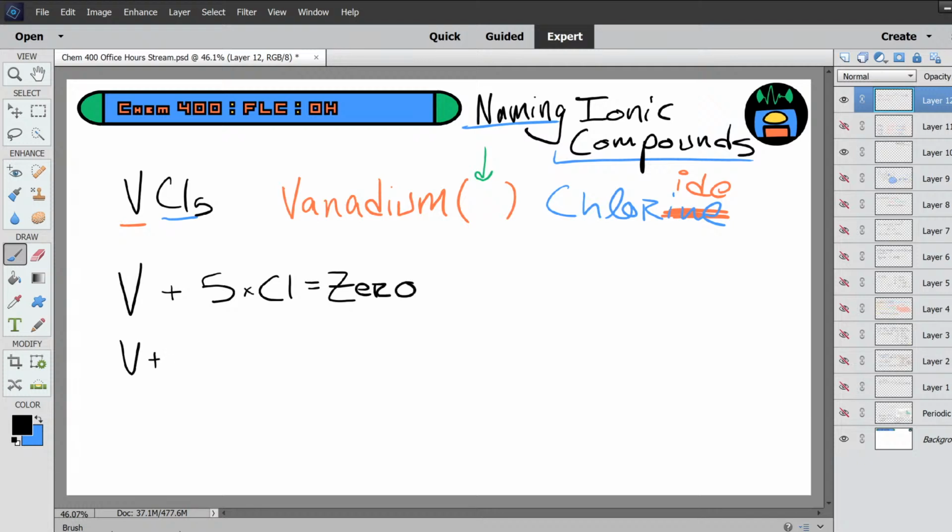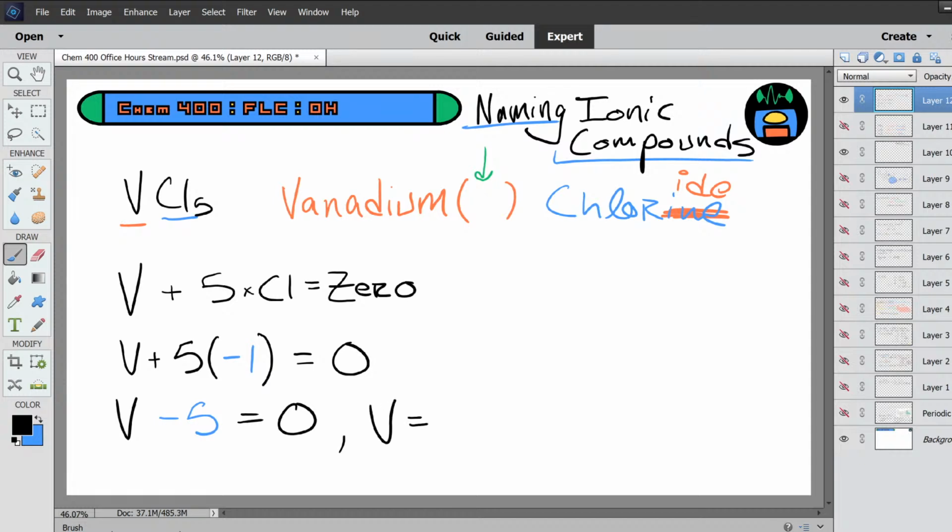So vanadium plus 5 times the charge of chloride, which from the periodic table is -1, is equal to 0. So if vanadium minus 5 equals 0, that means vanadium in this compound has a charge of +5. And so we need to put a Roman numeral 5 next to its name.